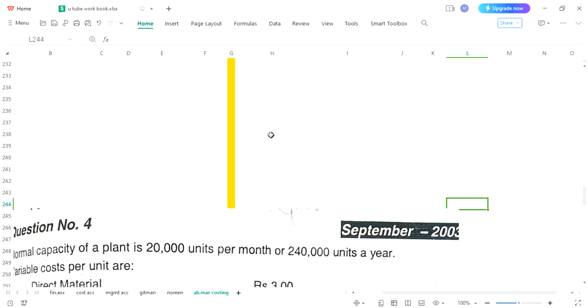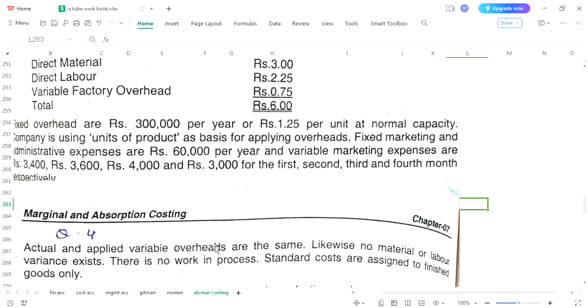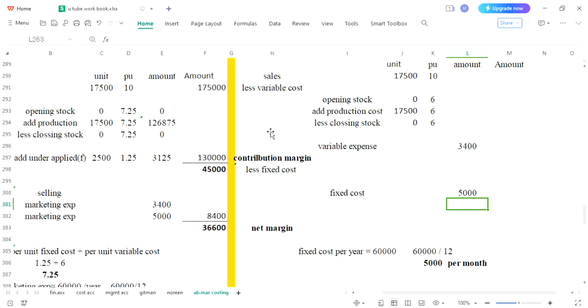And as you know that our capacity is 20,000 per month and fixed rate is 1.25. So you will calculate second fixed cost as units 20,000 and per unit was 1.25. In this way, second fixed cost would be calculated as units 20,000 multiplied by 1.25.